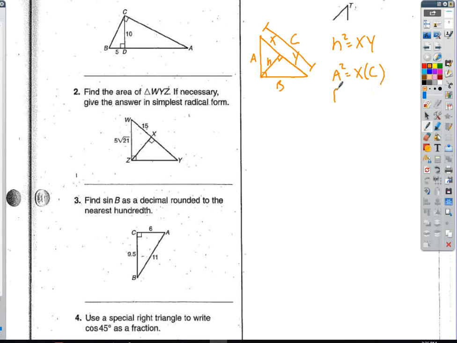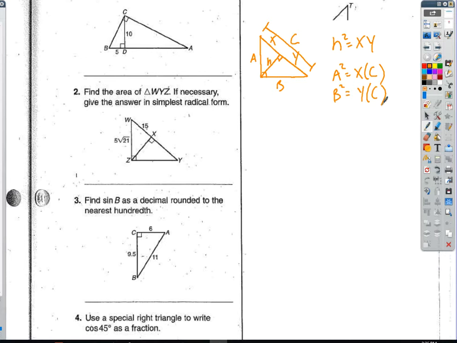And using the same logic, b squared is going to be equal to y times c. Those are the pieces that we are going to be using to solve this problem.